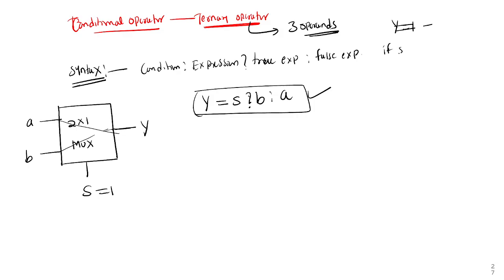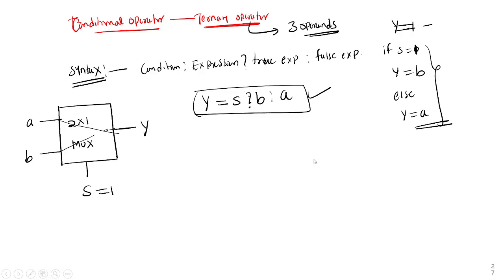If s equal to 1, y is connected to B, or else y equal to A. So this is the operation of the ternary operator. Okay, understood? Did you understand?